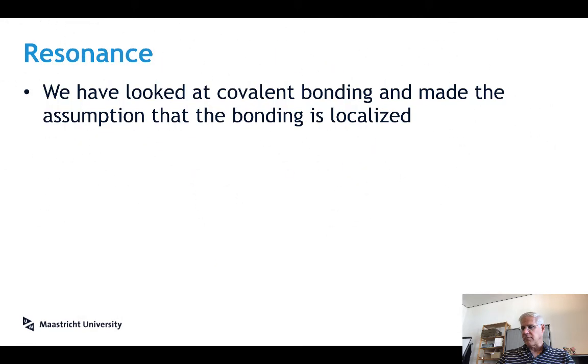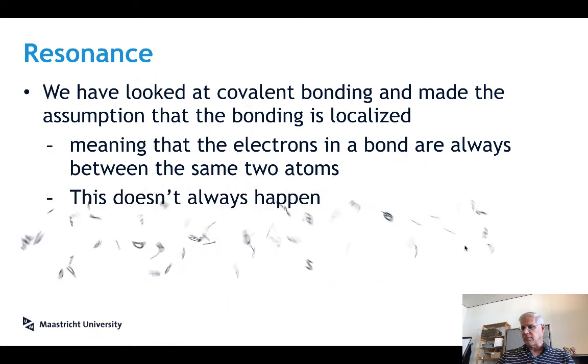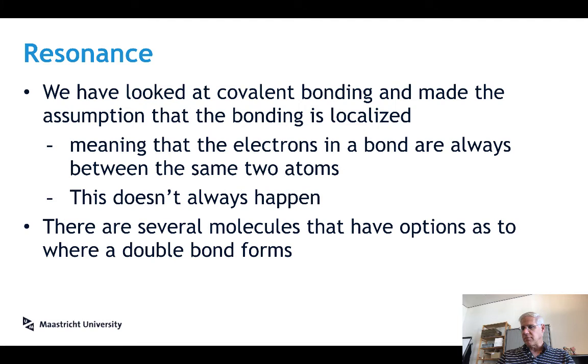Now, when we're looking at covalent bonding with our Lewis dot structures, we've always made the assumption that the bonding is localized, which means that the electrons are shared only between those particular atoms. Every once in a while, however, you have molecules where you get to a point in your dot structure where you have multiple options as to where to put a double bond.